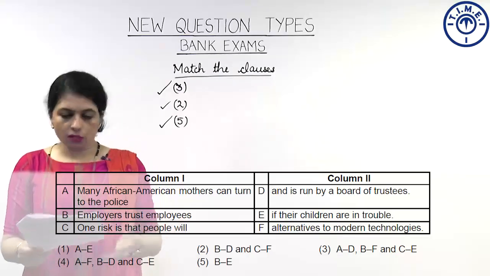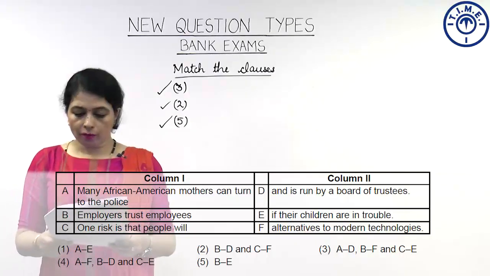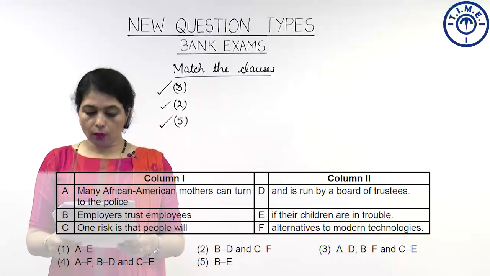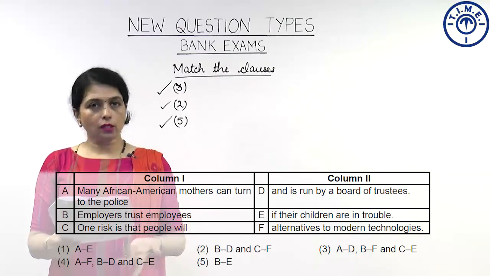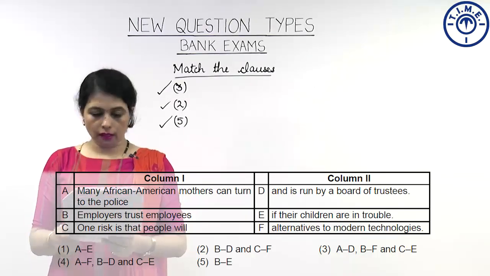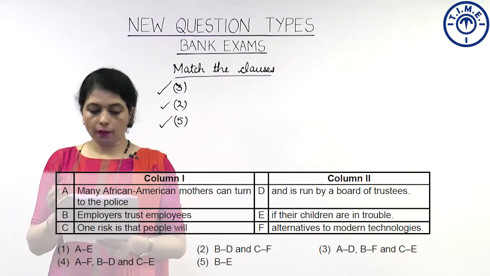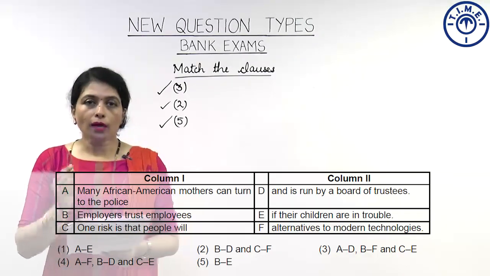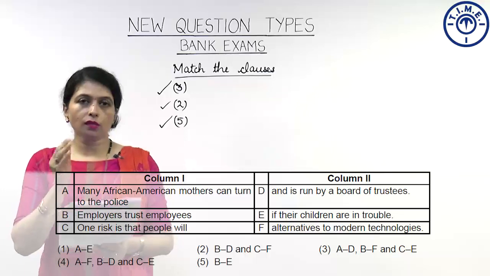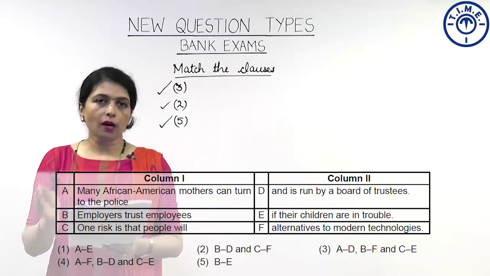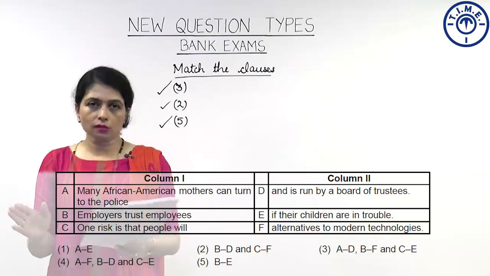In fact, it sounds absurd. And with F, employees trust employers, alternatives to modern technologies also has no clarity. So we cannot form any sequence using B with any of the parts D, E or F. So this is not possible.